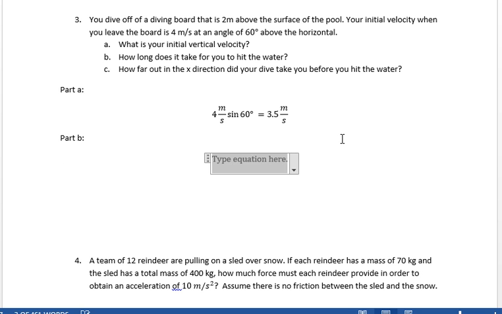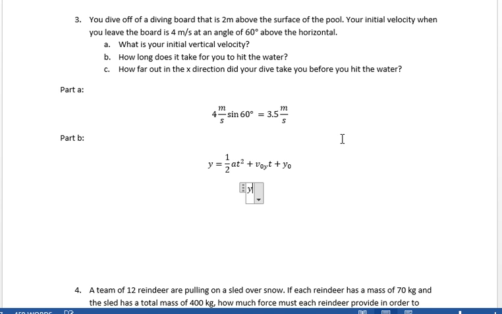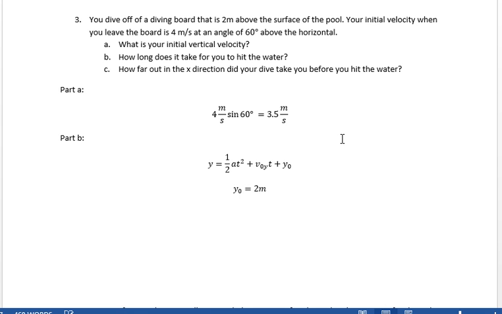So the y position of the diver is 1/2 a t squared plus v naught y t plus y naught. What are all these things? Well, y naught is 2 meters, right?